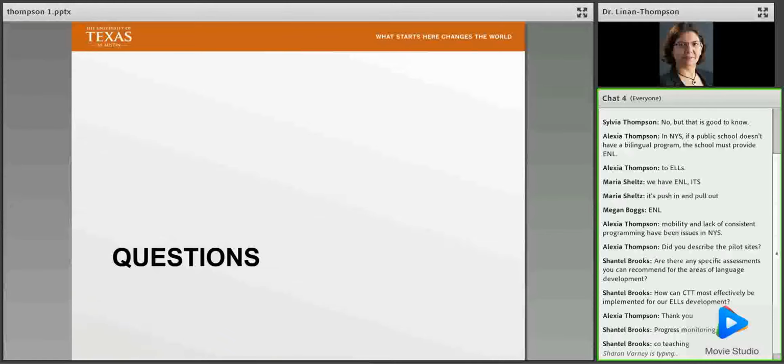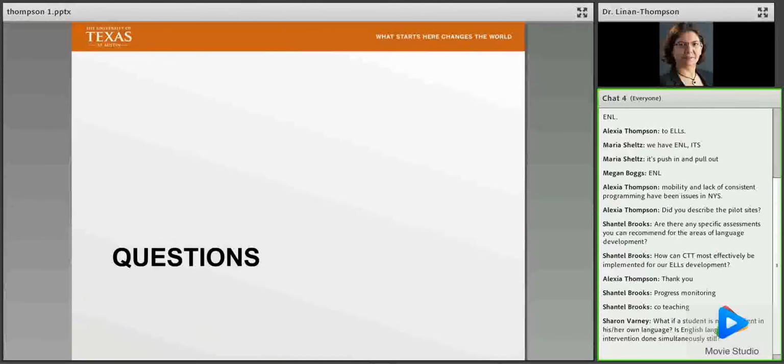When we talk about instruction, there are a lot of things that could be used as preview or review, like sentence frames. Or if the teacher is going to be teaching more advanced academic vocabulary as part of the lesson, then ESL can prepare the children by teaching the words they may not know, more of the Tier 1 words that the other children already know, so that they can benefit from the vocabulary instruction of higher level words.